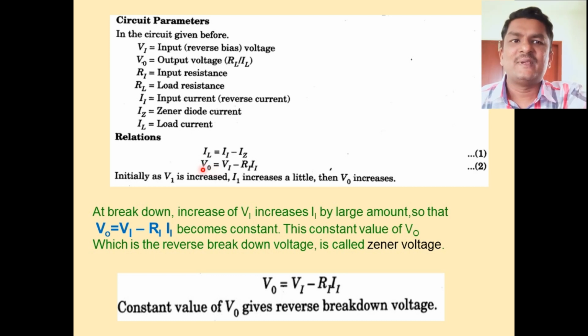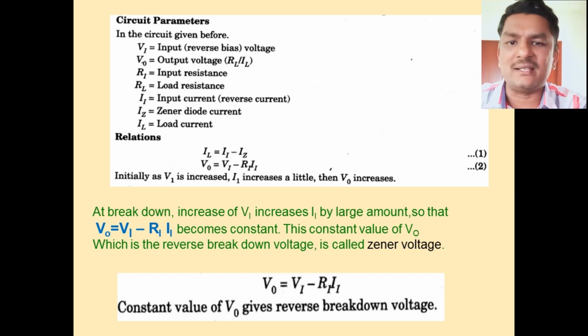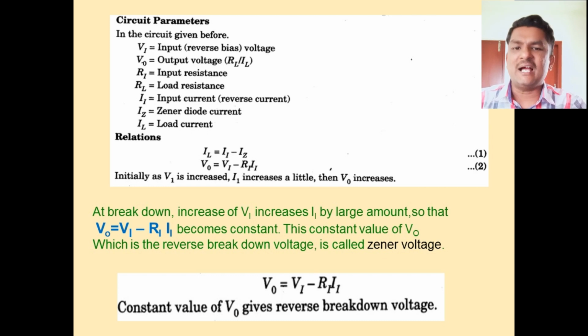Next, V output, VO equals VI minus RI into II. At breakdown, an increase of VI value increases II by a large amount, so that V output equal to VI minus RI into II becomes constant.